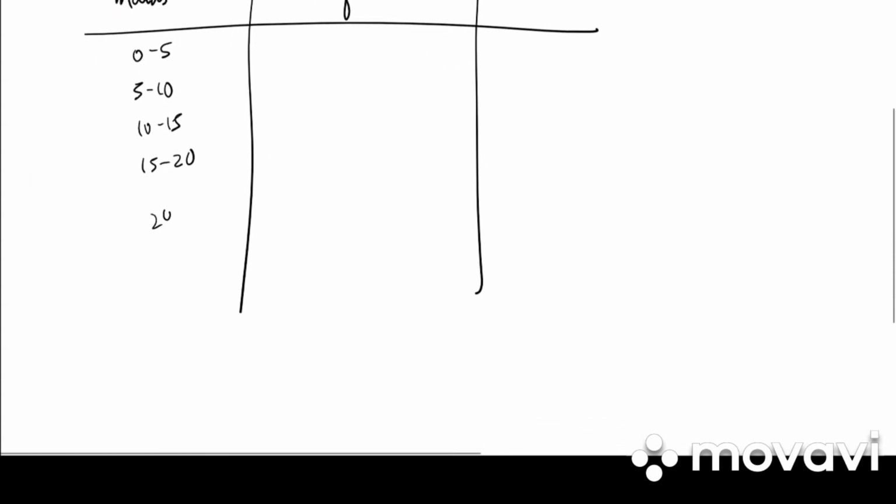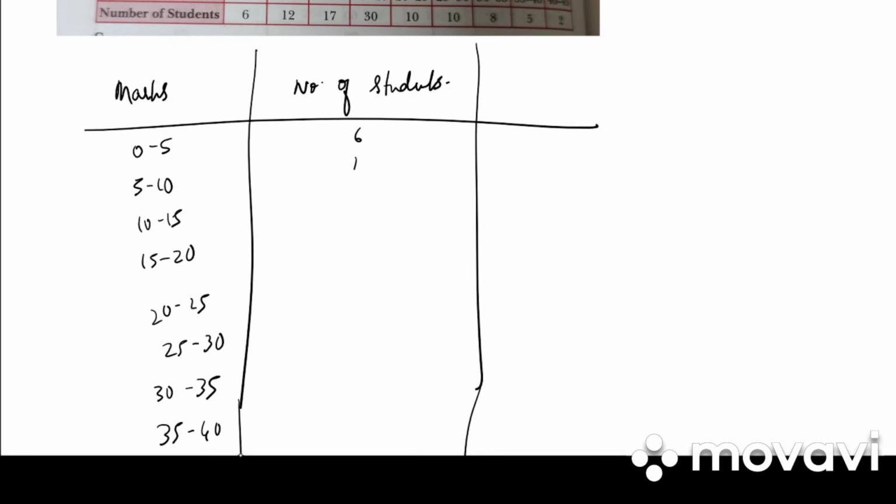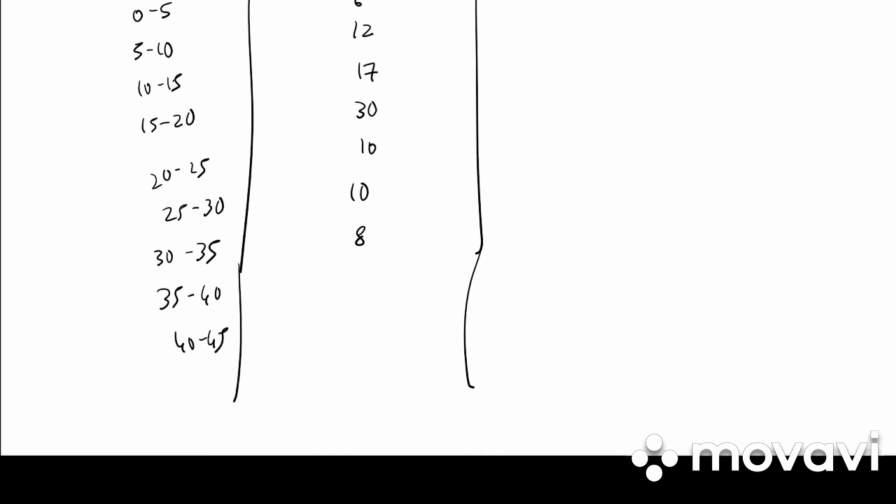Marks 0 to 5, 5 to 10, 10 to 15, 15 to 20, 20 to 25, 25 to 30, 30 to 35, 35 to 40, 40 to 45. They have given us frequency 6, 12, 17, 30, 10, 10, 8, 5 and 2.